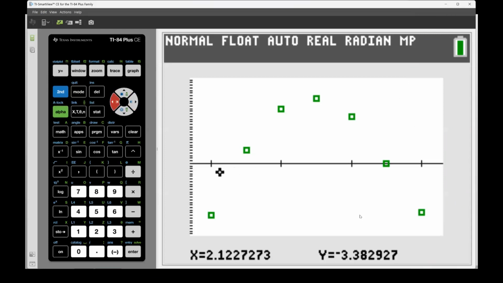And if you use the arrow keys, you can estimate the x-intercept. It's between 2.3, 2.35, or 2.34.